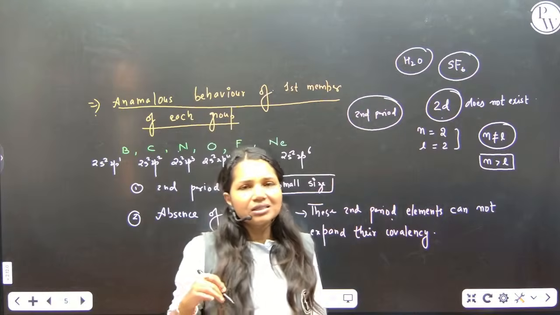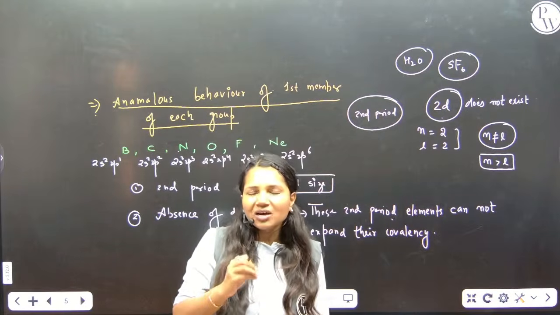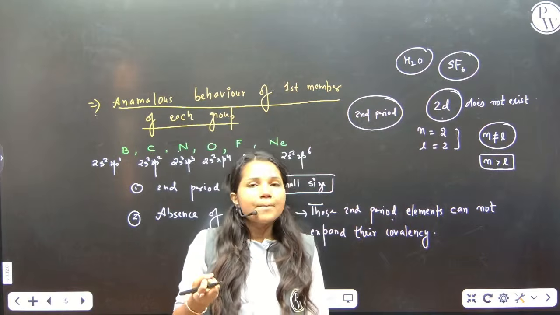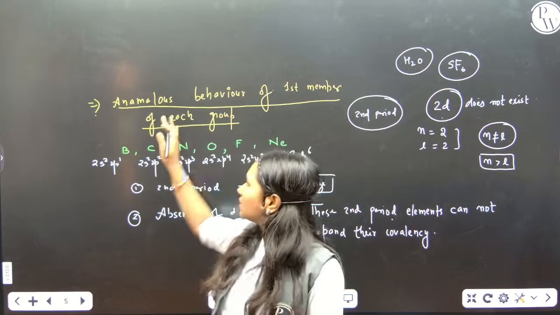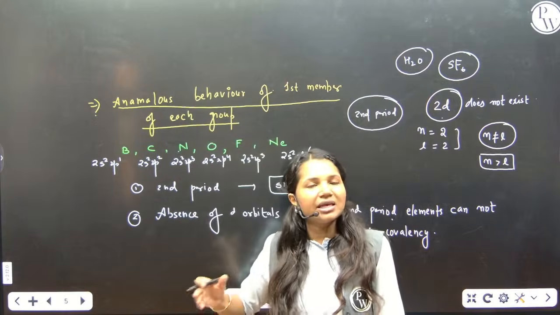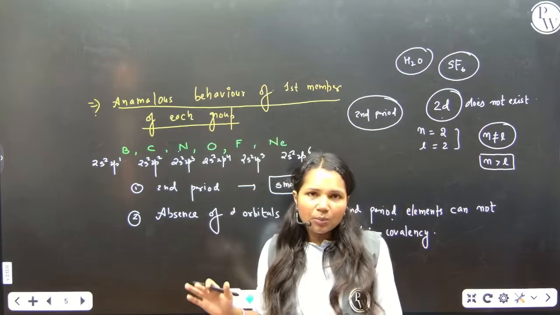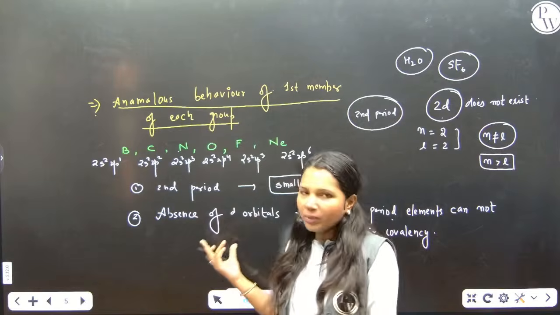I hope you are understanding. The number of bonds formed by these elements is limited, but the elements from their respective groups can expand their covalency and form more bonds, because of d orbitals.